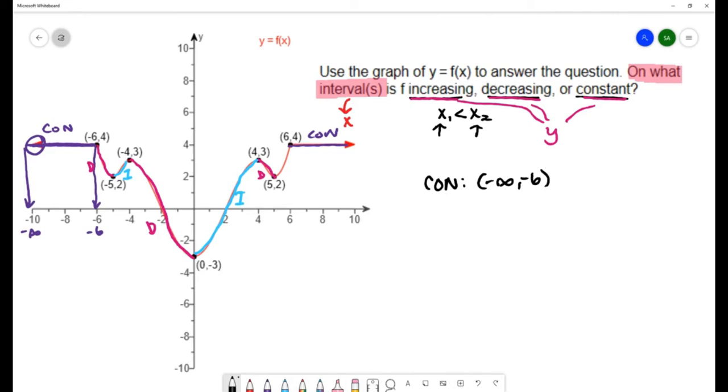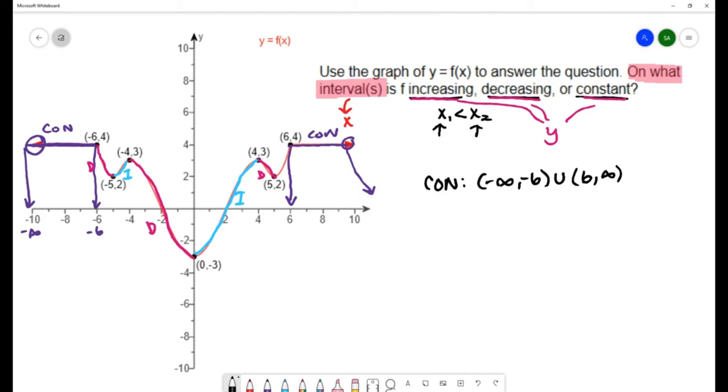But this book uses open intervals. So we also have a constant interval over here that starts at 6, and because of this arrow goes on forever to infinity. So we have the intervals of constant being from negative infinity to negative 6, union with 6 to infinity.